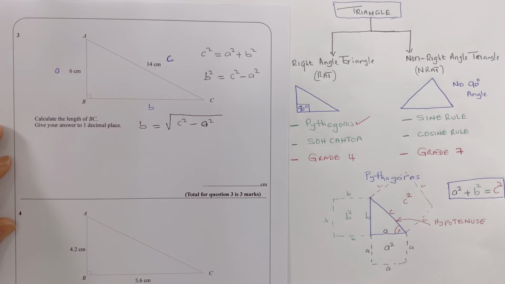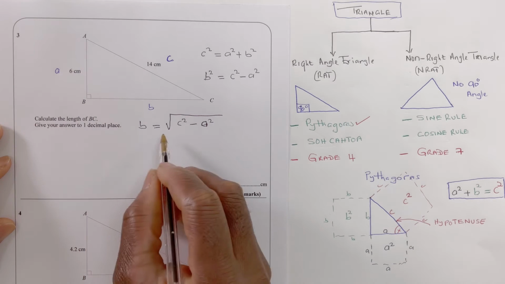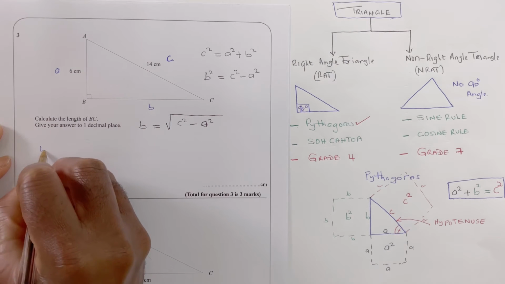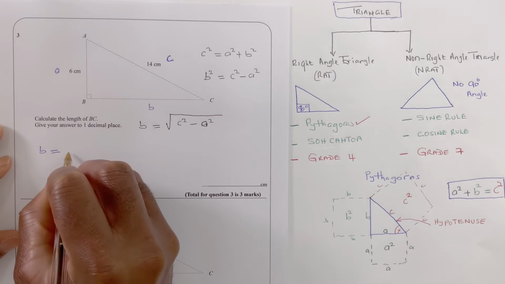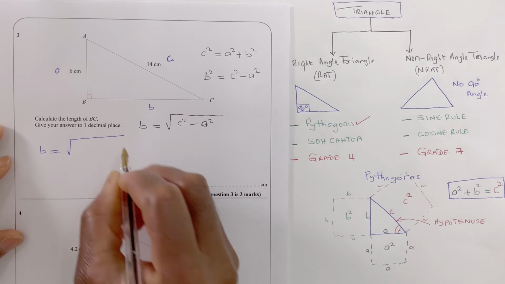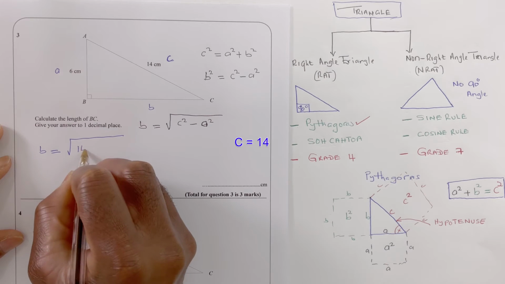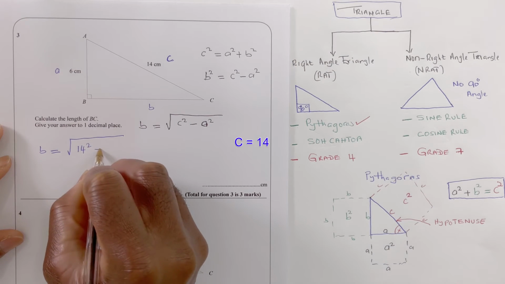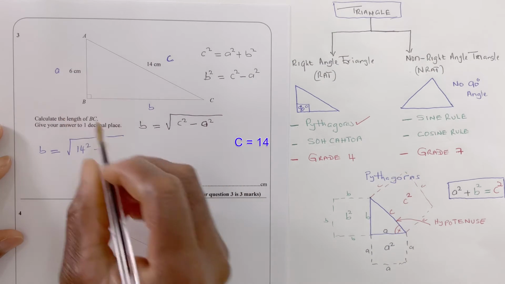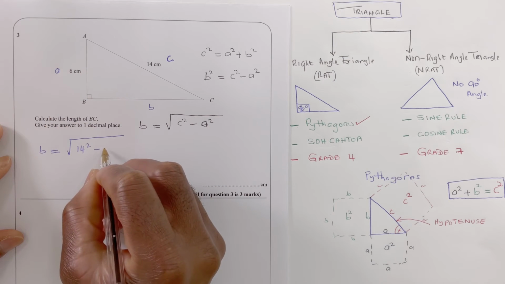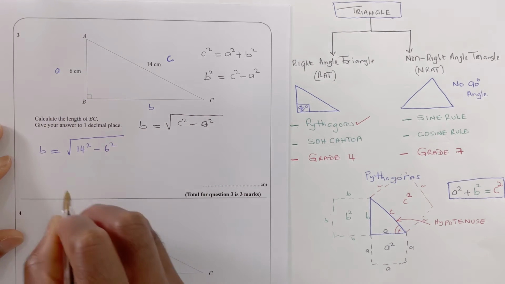So in that case, I need to plug in the values for C and A into the formula. So now I know that B is equal to the square root of C squared, which is 14 squared, minus A squared. A is 6, so that'll be minus 6 squared.